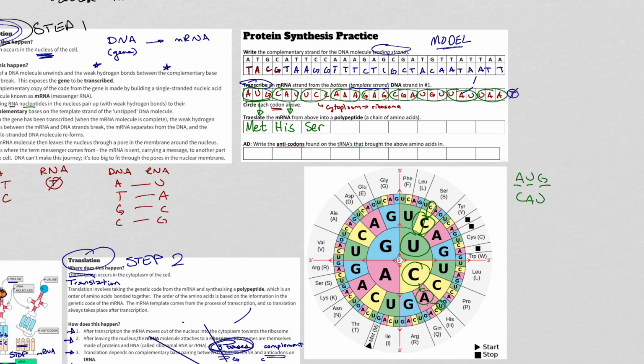So why don't you pause the video and try filling in these other ones. I'm going to go ahead and fill them in while you are working. Lysine is the next one, followed by GLU or glutamic acid.